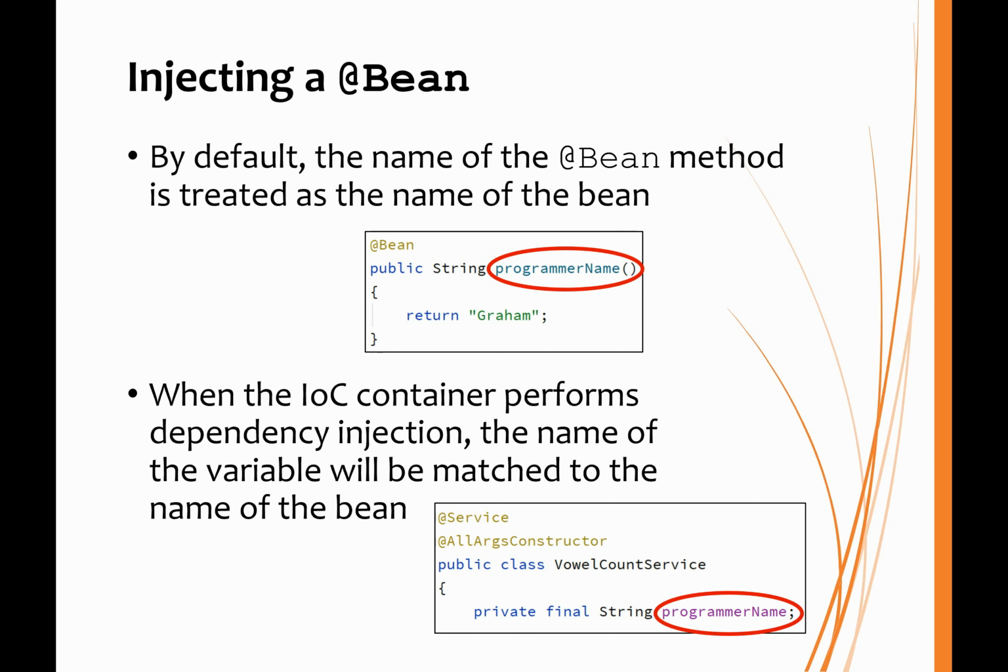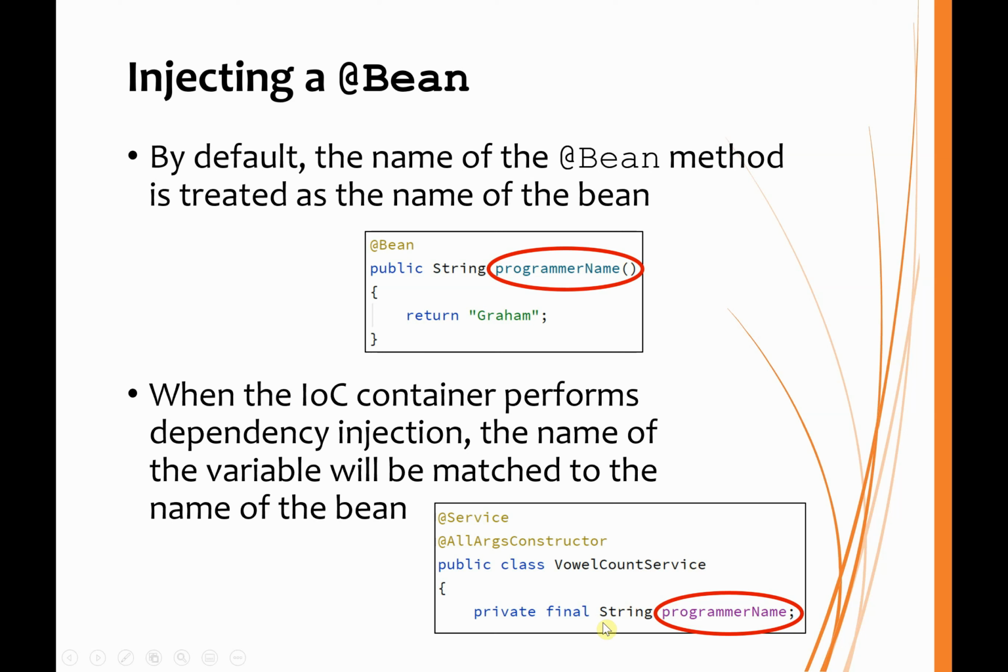When we want to inject a bean, what we would do is have our method that is going to produce a result of a certain type and then annotate that method as being a bean. When the IOC container performs dependency injection, and in the next video we'll talk a bit more about this dependency injection, the IOC container is going to look for a method whose name matches the variable that is being managed by the IOC container.